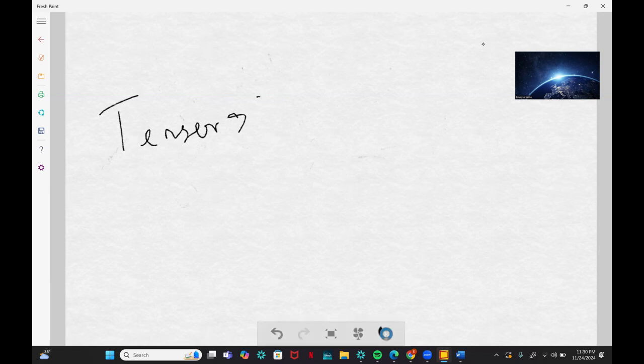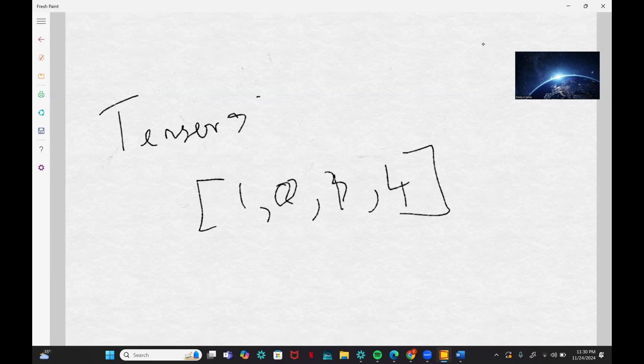The simplest form of a tensor would be something like an array of numbers: one, two, three, four. But since computers only understand ones and zeros, it might just be one, zero, one. No, let's make that look better. One, zero, one, zero. But these represent something specific.